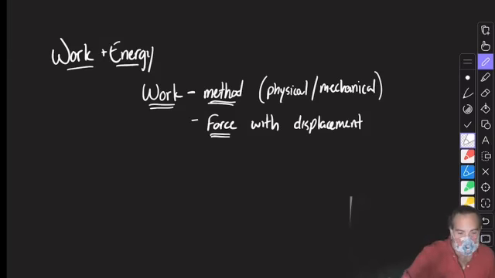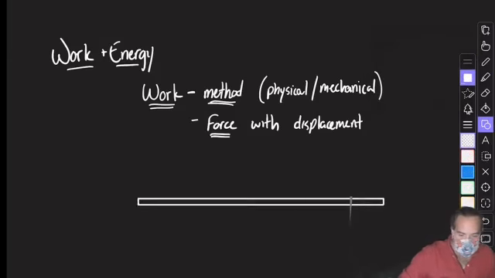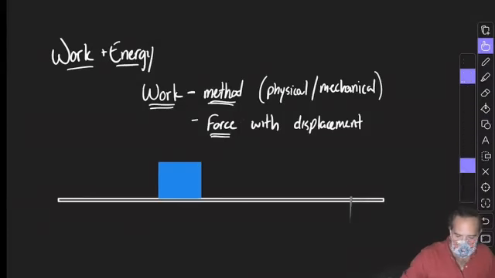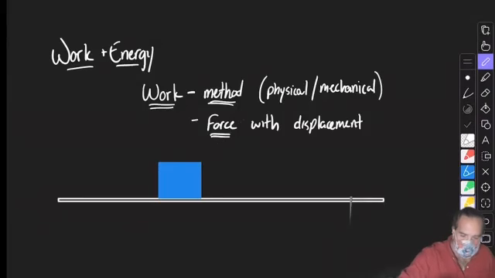So what that actually looks like, very specifically, is that if you have an object and you apply a force to it, and I'm drawing that force at an angle on purpose.